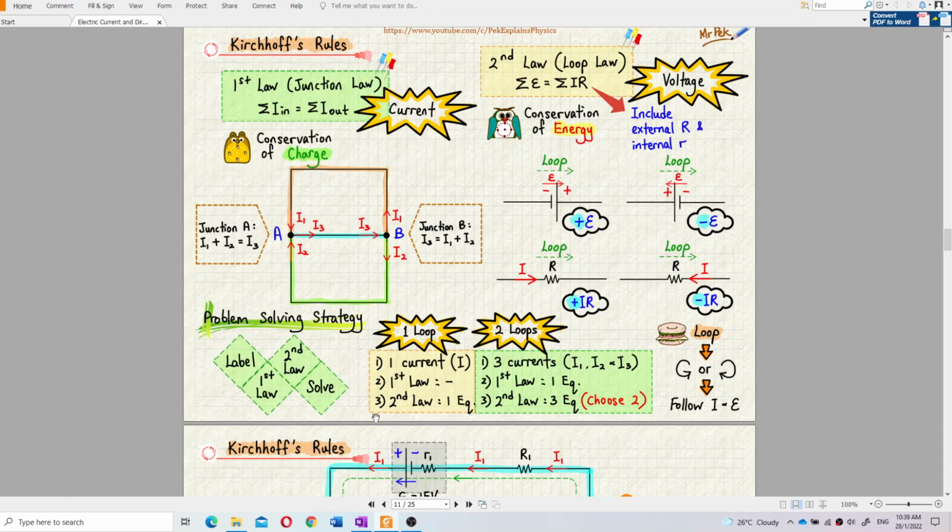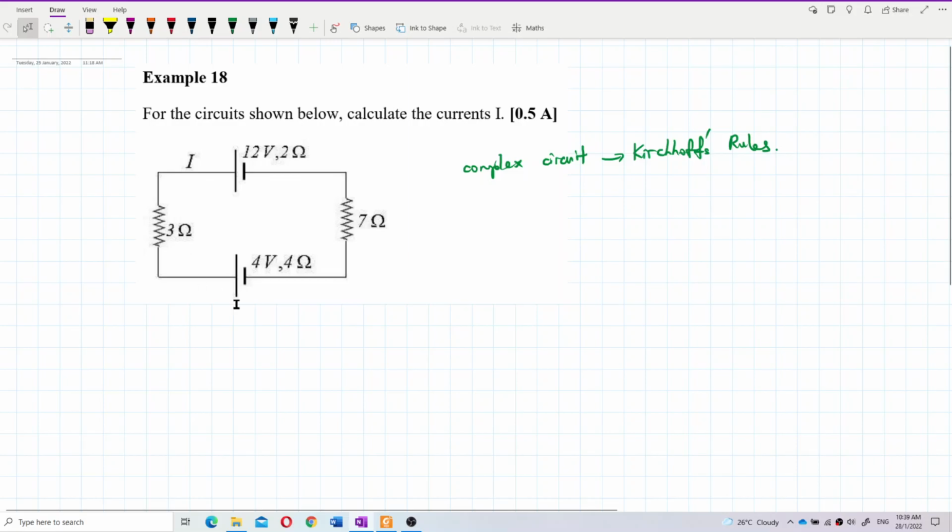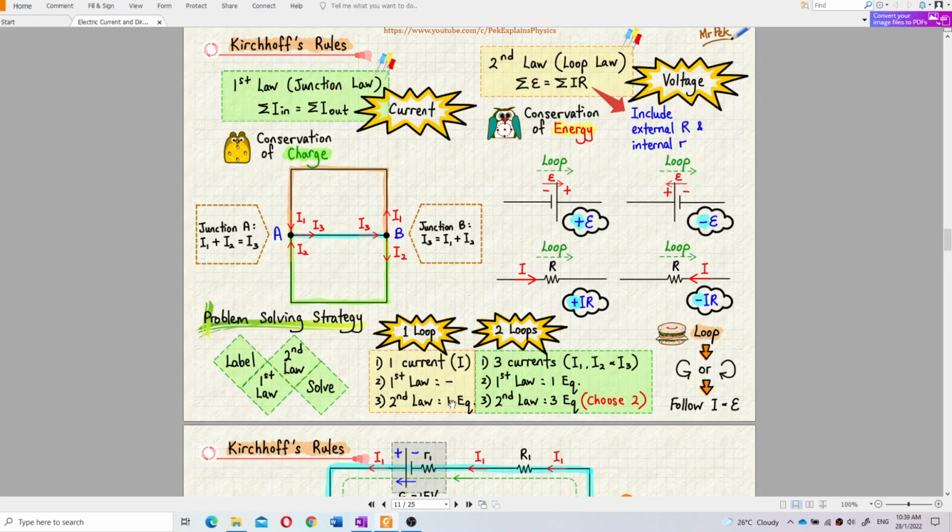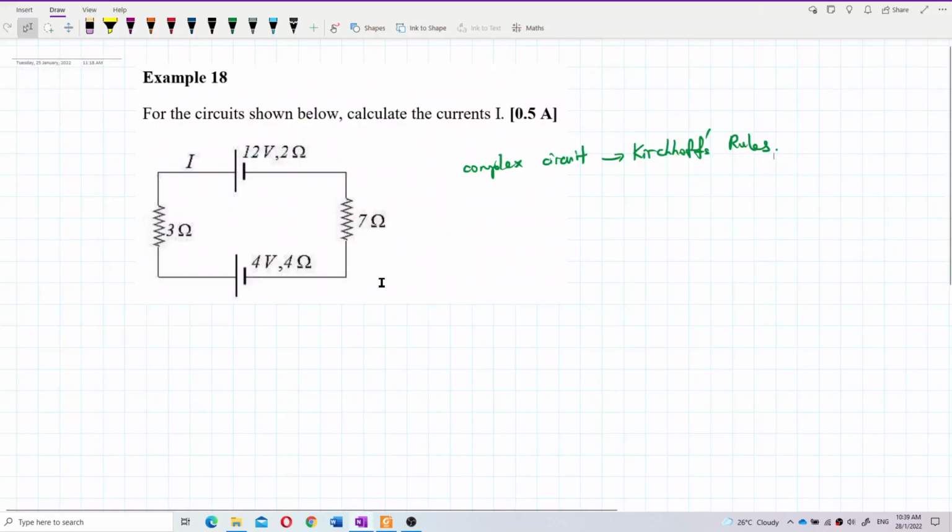But for the second law, which is the loop law, total E equals total IR, there's only one equation, because there's only one loop. You understand? So remember this. I want to write that over here. This is considered a one loop question.